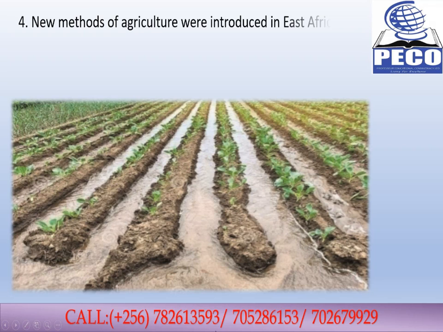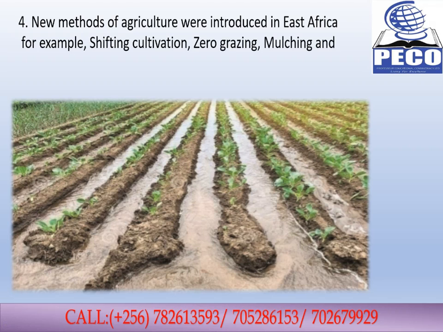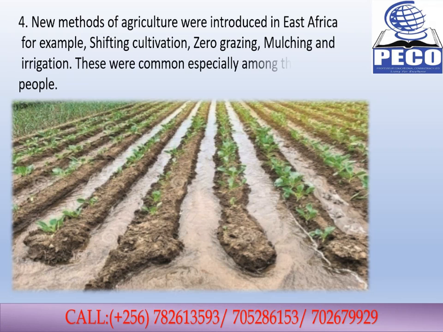Okay. New methods of agriculture were introduced in East Africa. For example, shifting cultivation, zero grazing, mulching, and irrigation. These were common, especially among the Chaga people. Shifting cultivation was their thing.